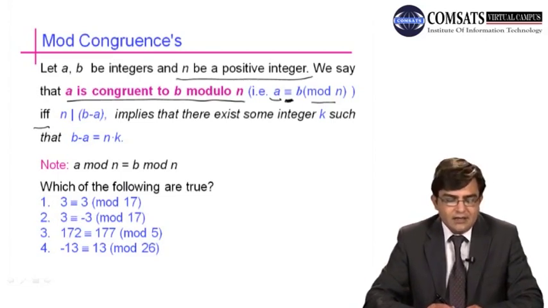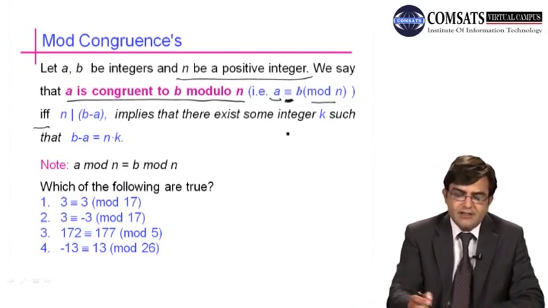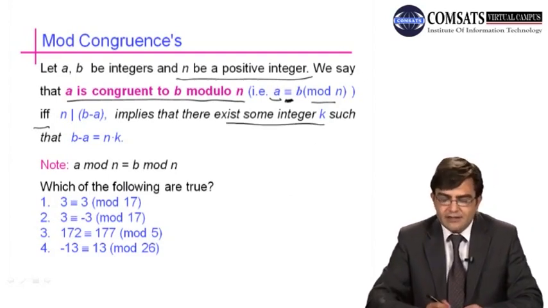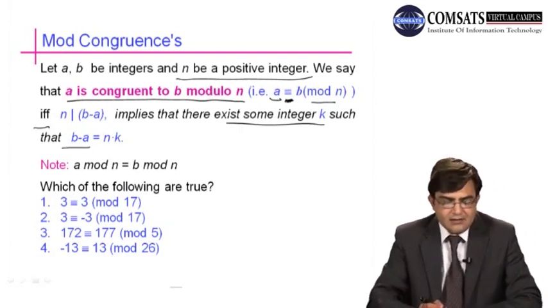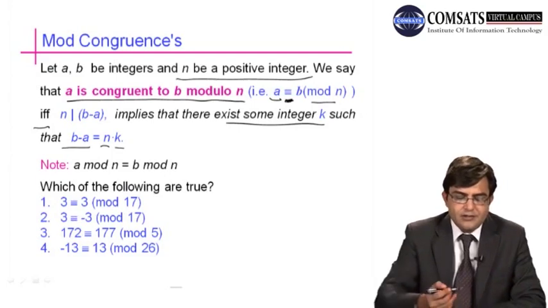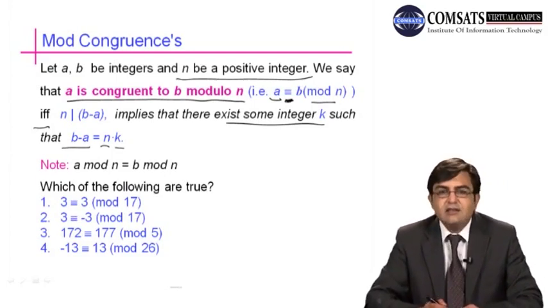If n divides b minus a, then by the definition of divisibility there exists some integer k such that b minus a can be written as the divisor into the quotient. K here is the quotient.